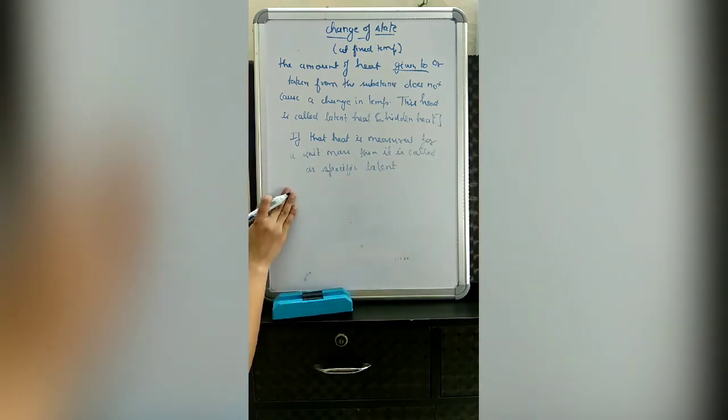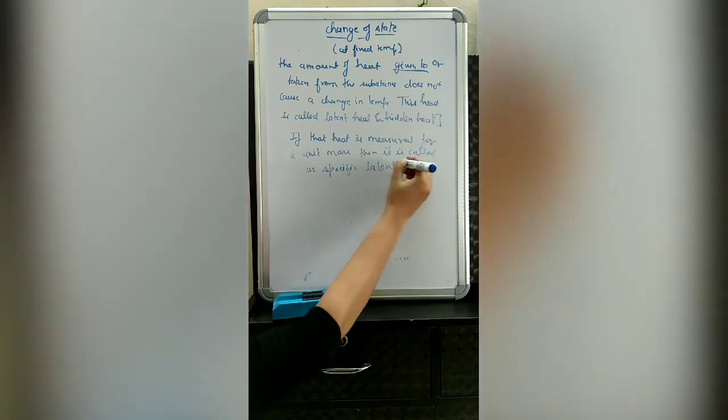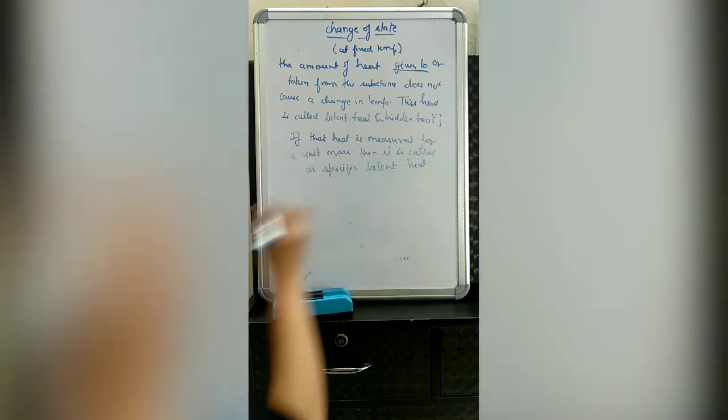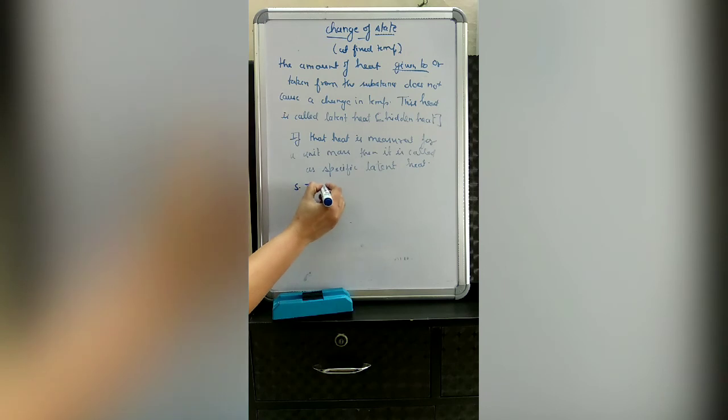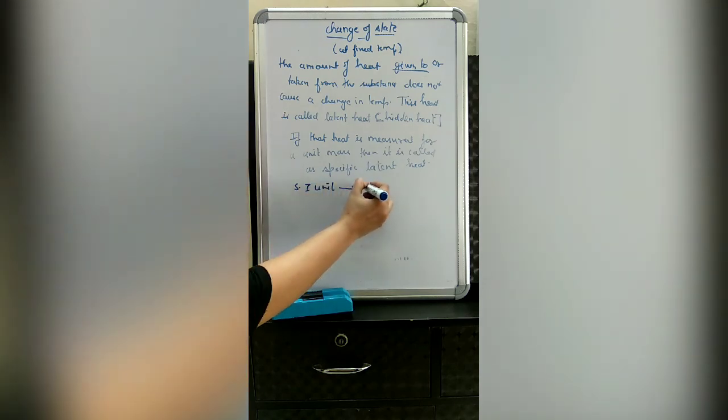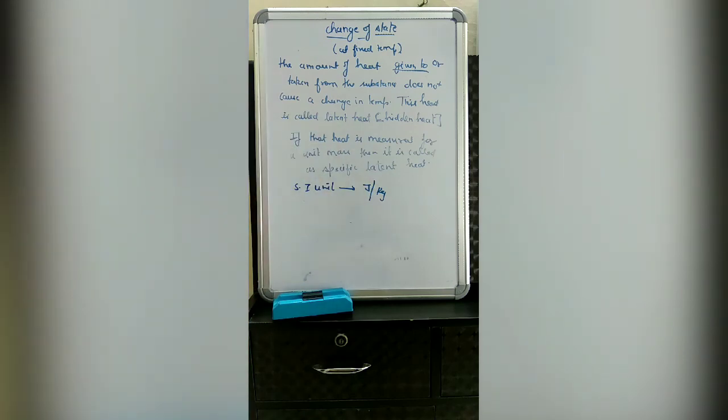Because it is specifically measured for the unit mass. As we are measuring it for a specific unit mass, its SI unit is going to be joule per kg.